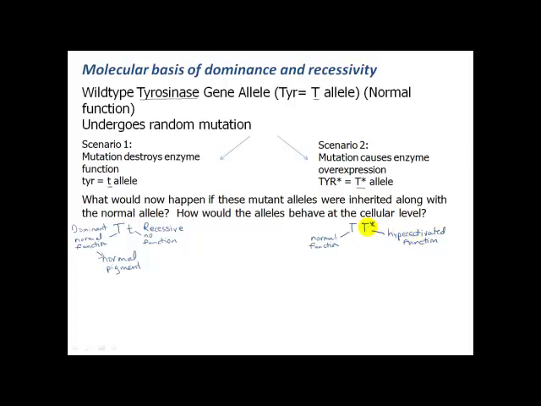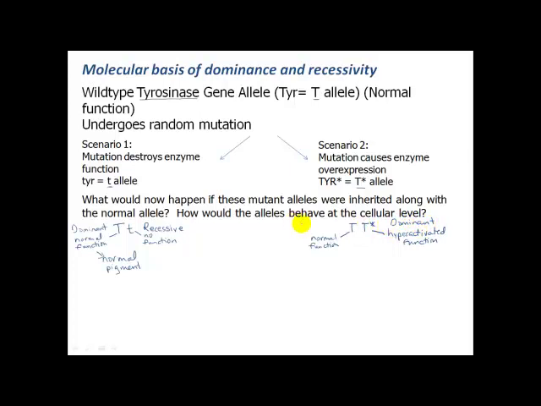Overproduction, either because we have more of this enzyme than we're supposed to have, or it's hyperactive and it's catalyzing too much pigment production. And so in that scenario, does it matter that we have this normal function tyrosinase doing its thing as it should? No. The phenotype that we're actually going to see is this hyperactivation or overexpression phenotype.